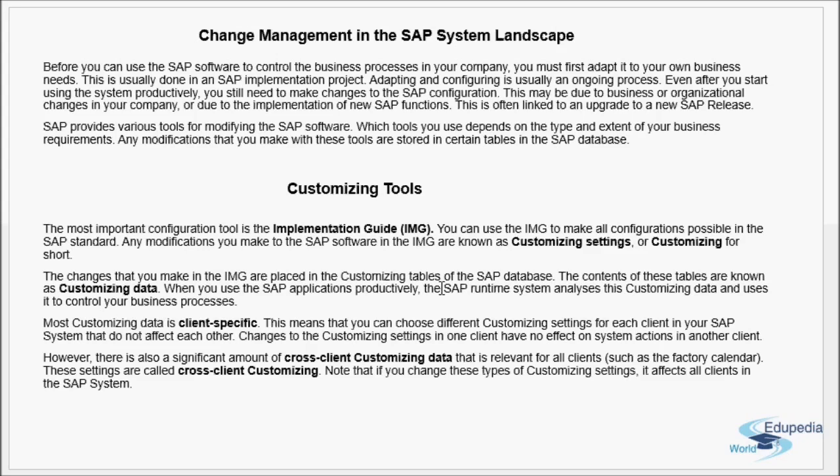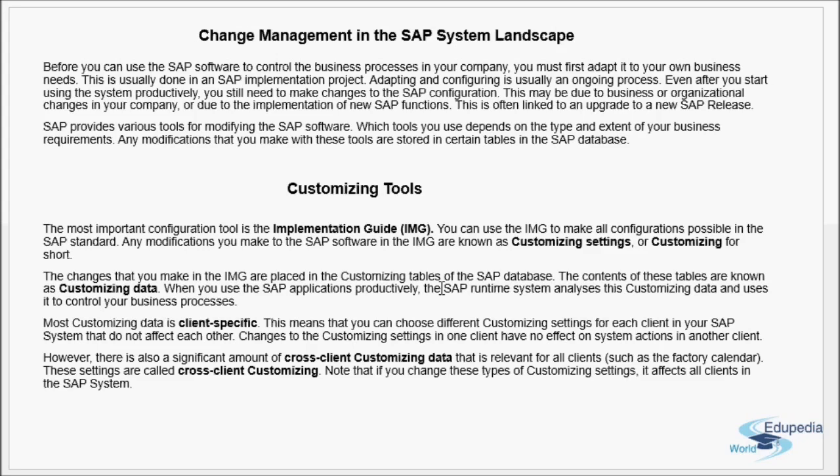Changes to the customizing settings in one client have no effect on system actions in another client. However, there is also a significant amount of cross-client customizing data that is relevant for all clients, such as the factory calendar. These settings are called cross-client customizing. Note that if you change these types of customizing settings, it affects all clients in the SAP system.